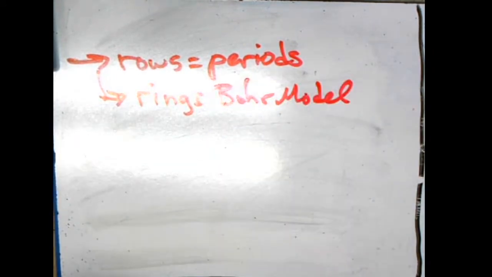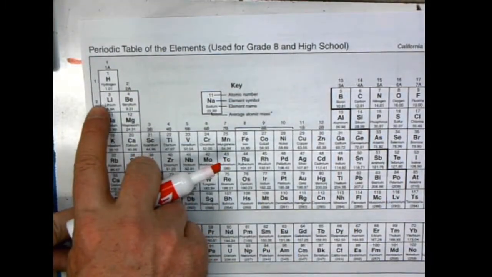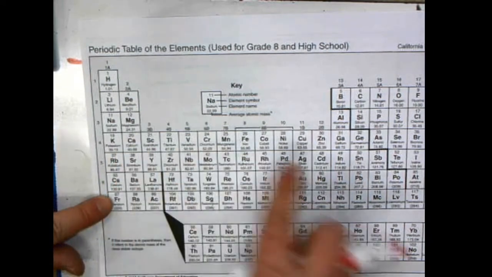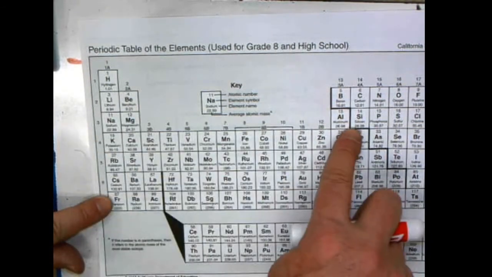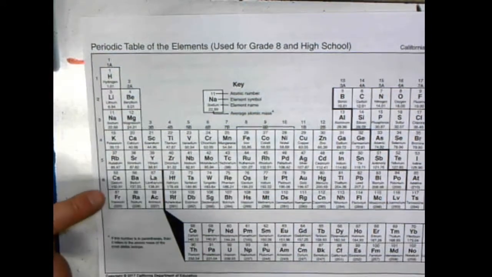Whatever row the atom lives in tells you how many rings. So lithium's in the second row, it's going to have 2 rings. Silicon's in the third row, it's going to have 3 rings. Potassium's in the fourth row, it's going to have 4 rings, and so on and so forth.